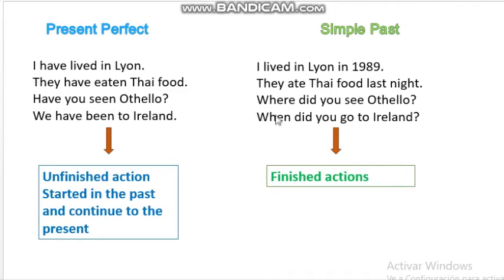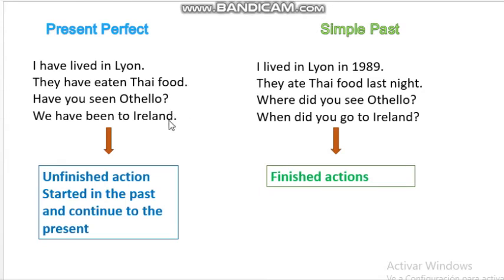The third one, have you seen Othello? In the simple past, where did you see Othello? So the answer is going to show us when the person saw Othello. The last one, we have been to Ireland.